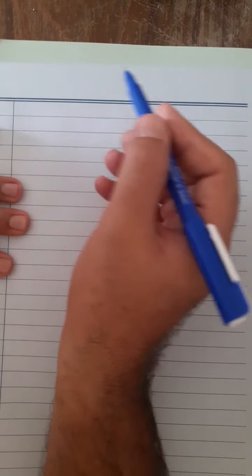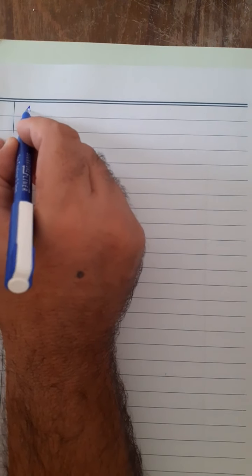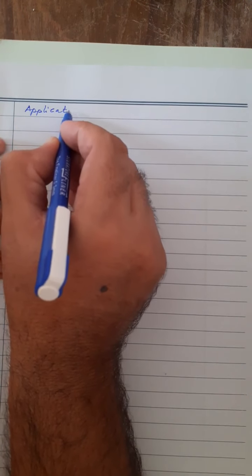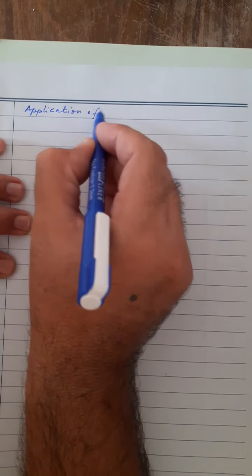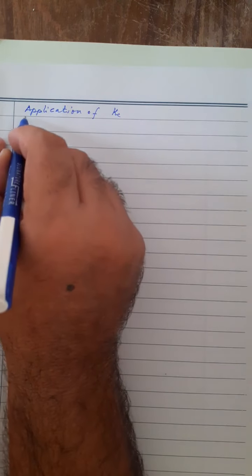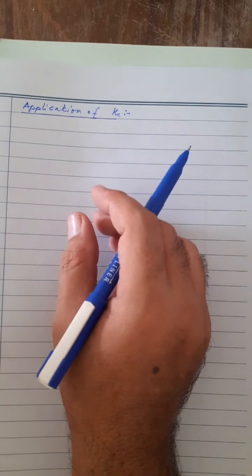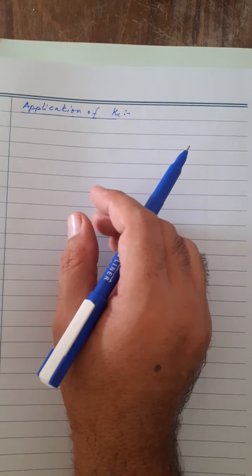Why do we need Kc, why do we have Kc? Why did we calculate Kc? So it is the applications of the equilibrium constant, or let's say applications of Kc. I repeat again, a manufacturer or a chemist is not interested in reactants.